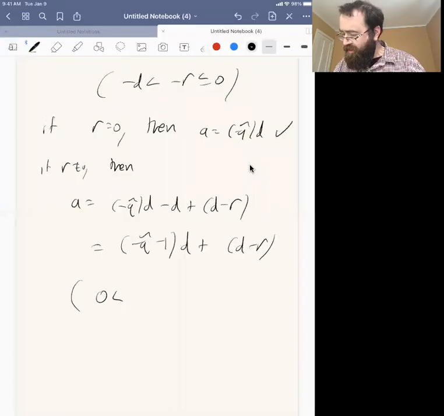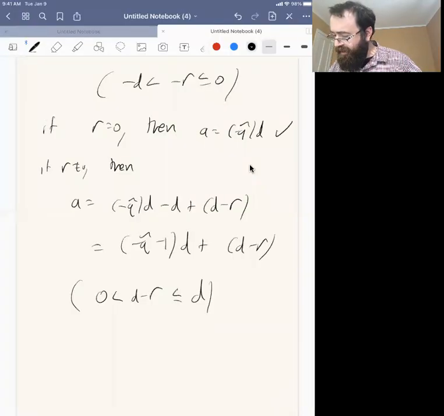So that's 0 less than or equal to D minus R less than D. And because we assumed that R was not 0, we certainly don't have the right-hand equality. D minus R would only be D when R itself was 0, right? So we have a strict inequality there. We have 0 less than D minus R less than D. And so D minus R is a perfectly good remainder for this equation.